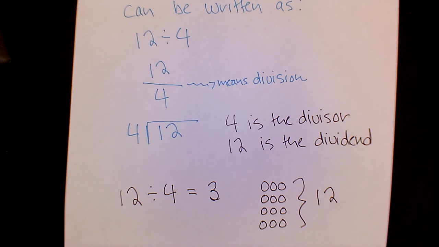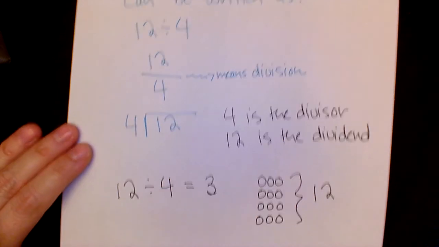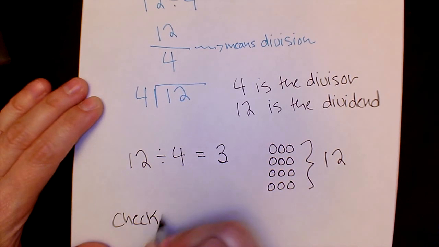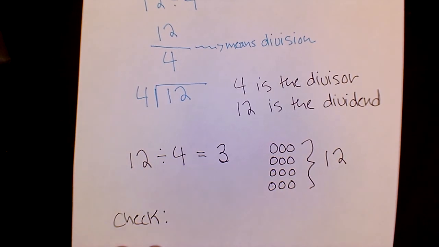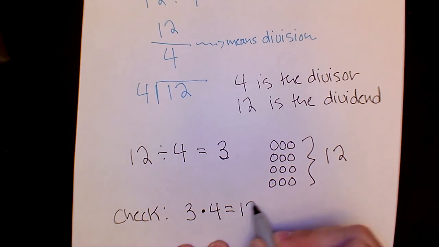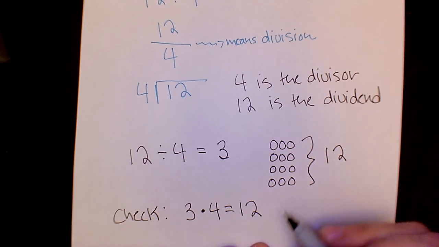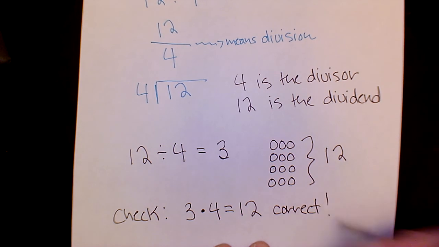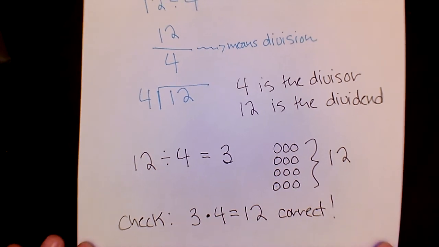I can also check this, which we're going to do, or it's always good to do. Let's take the answer, which is 3, multiply it by the divisor, which is 4, and we do get 12, so it's correct.